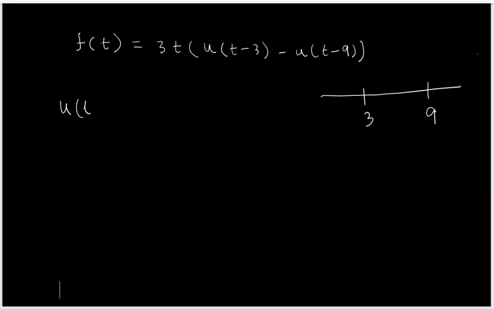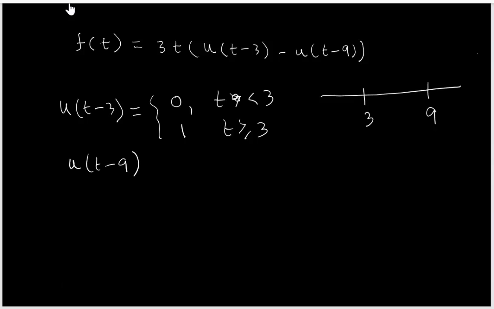First, you can see u(t - 3) can be written as 0 when t is less than 3, and it will be 1 when t is greater or equal to 3. And the other part, u(t - 9), will be written as 0 when t is less than 9, and it will be 1 when t is greater or equal to 9 by definition.